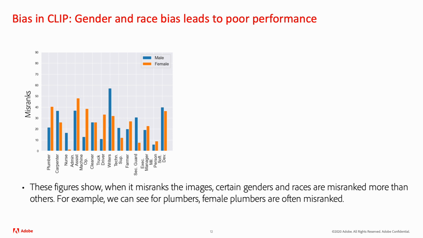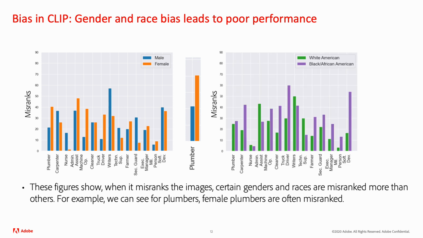A careful inspection of these misranks also reveals that the misclassification is not uniform across different race and gender combinations. For example, plumber females are more misclassified than the males, and for farmer, Black or African Americans are more misclassified than white Americans.